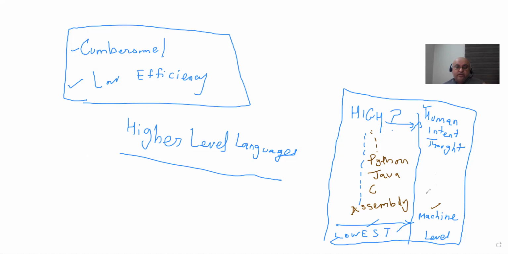Okay, so this is important to understand, so I'll repeat. The lowest level of a language is machine language, natively understood by the processor, the machine. The more you move towards the human intent and thought, the higher you consider the language to be. All right. And why is that so? Because the machines are our slaves, so to say, because we, the humans, we, the developers, we, the designers, we, the application programmers, we, the application users, we have created these machines, the computers, to do something we want, right?